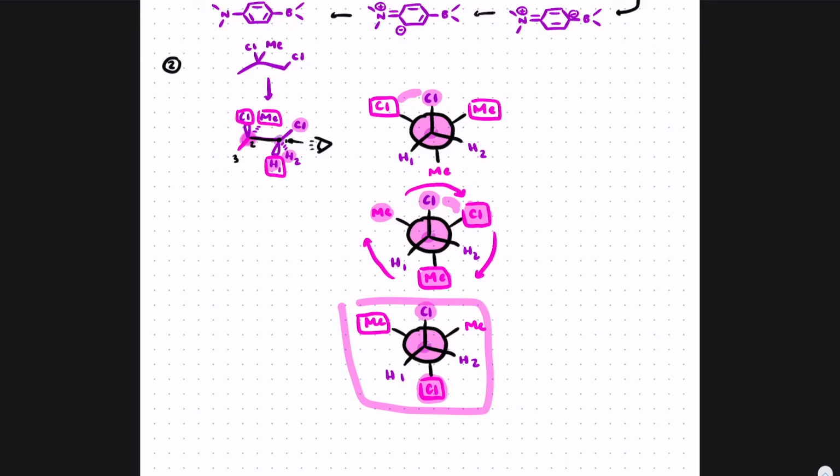And then we will find the highest energy conformer. So the highest energy conformer is going to be the one with the most interaction between the chlorine on the front carbon and the chlorine on the back carbon. And so both of these actually have equivalent interaction between the two carbons.